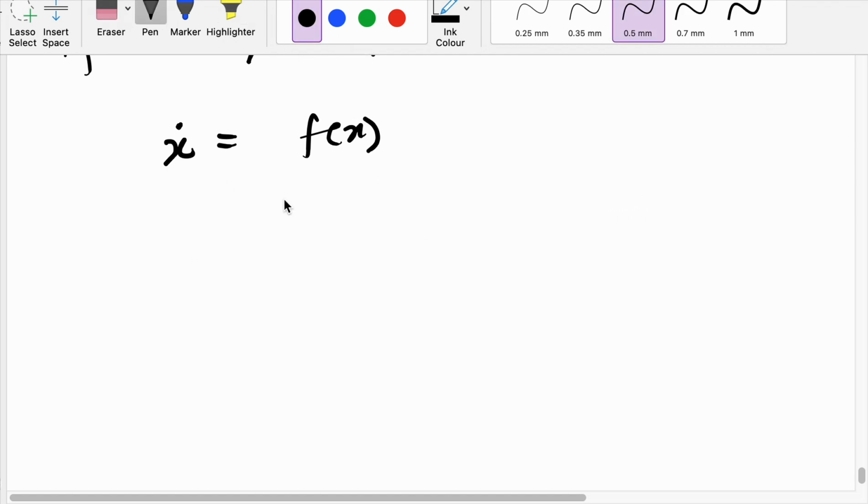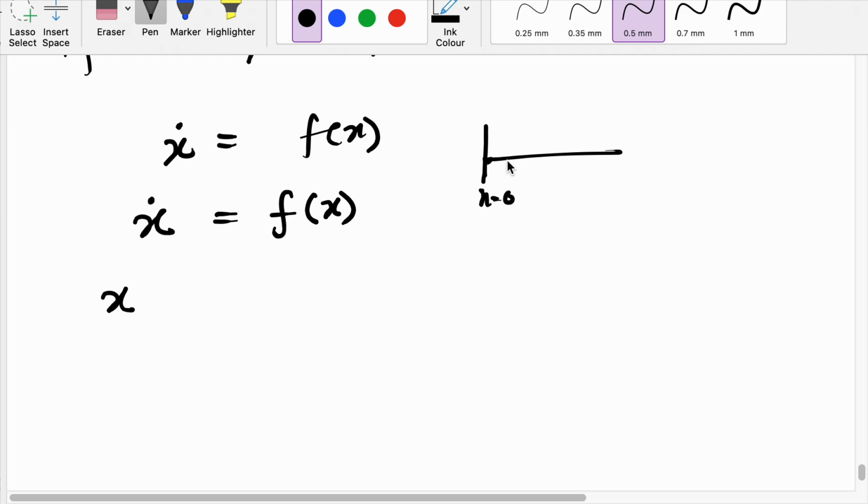If f(x) is non-linear, let's write its Taylor series expansion. Suppose x equal to 0 is my fixed point and I want to see the behavior at x equal to epsilon. Now what will that be? So x will be 0 plus epsilon, and f(x) will be f at x equal to 0 plus epsilon.